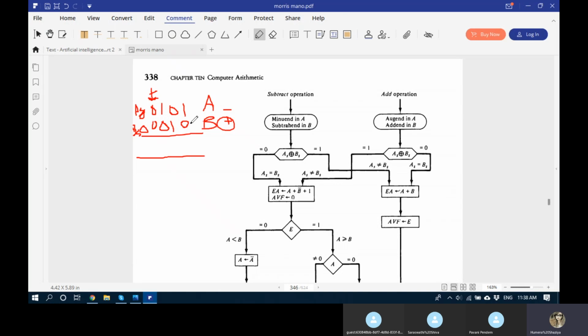These are the names given to these numbers. What happens is, you have minuend in A register, subtrahend in B register in case you are doing subtraction. When you are performing addition, augend is in A, addend is in B. Okay.